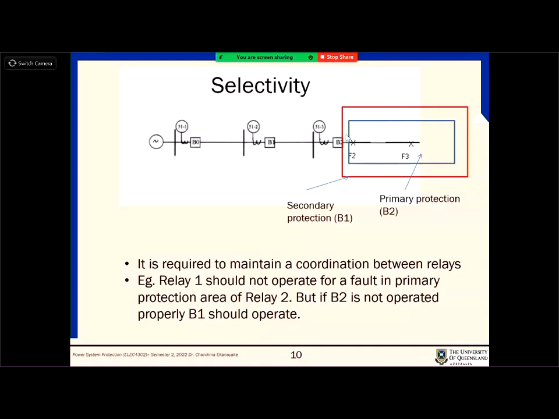But if this part fails, this one is looking after the red area. But remember that this one shouldn't operate before B2. So that is some sort of selectivity. The communication and coordination between those two relays is also important.